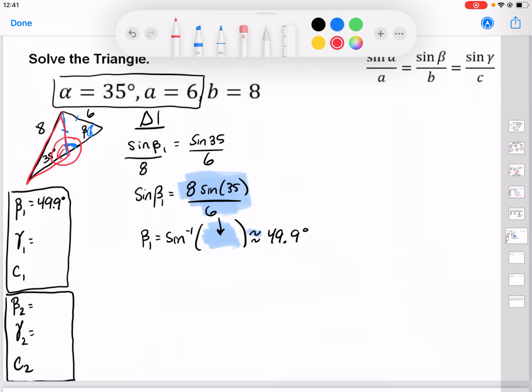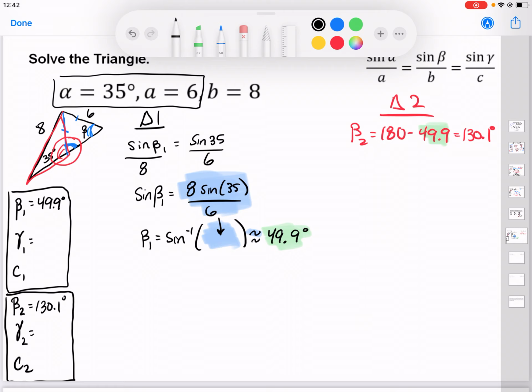Let me do my triangle 2 over here. Beta 2 would be 180 degrees minus our beta 1. So this right here, 49.9, which is 130.1 degrees. So I'll go ahead and put that down.